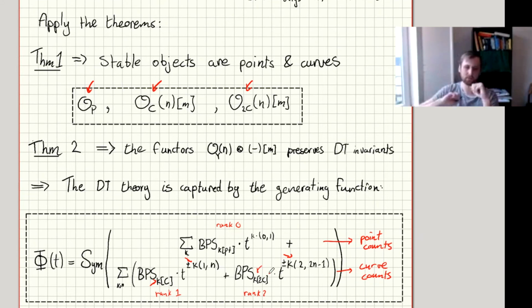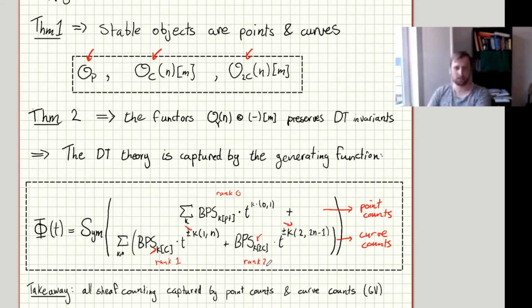So there's still infinitely many invariants, but there's only 3 classes to worry about. All right. Yeah, so that's the takeaway: everything is determined by points and curves.